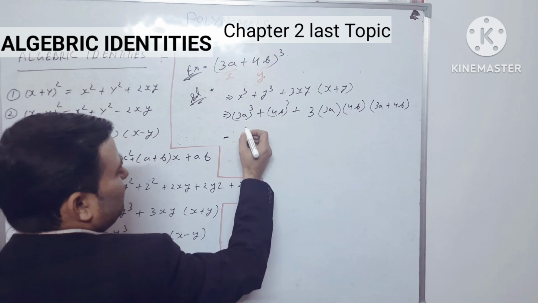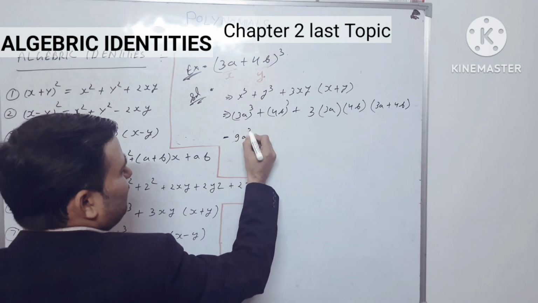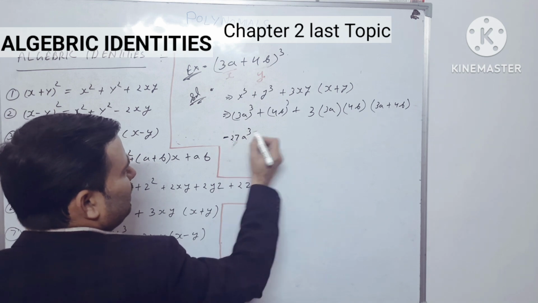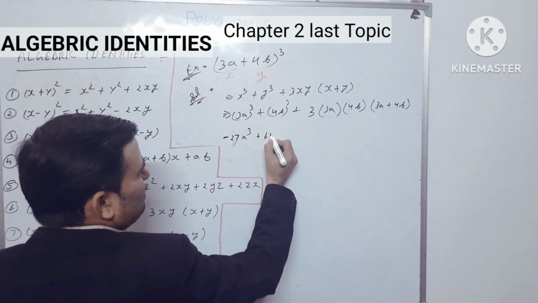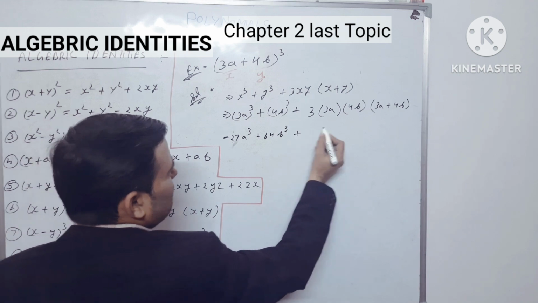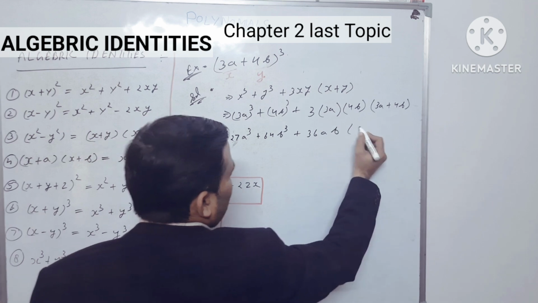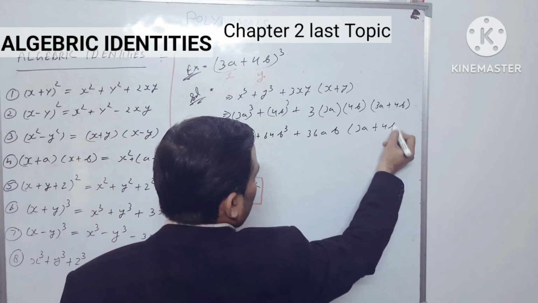Now after evaluating we will get 27a cube plus 64b cube plus 36ab times (3a + 4b).